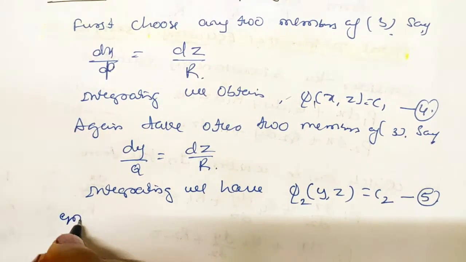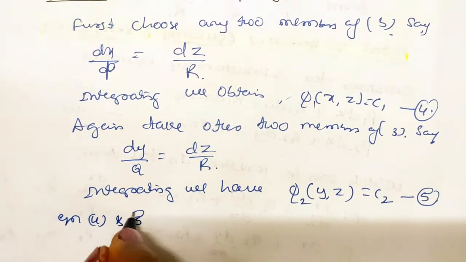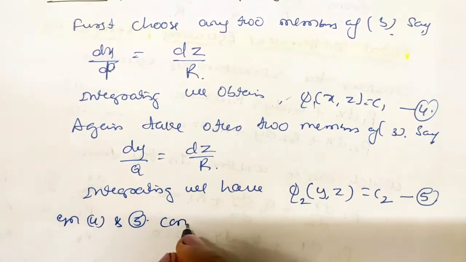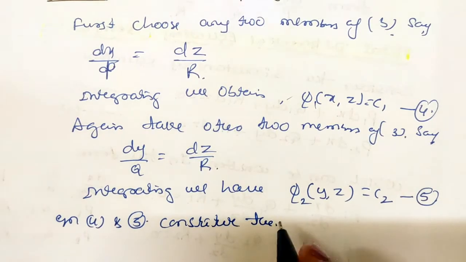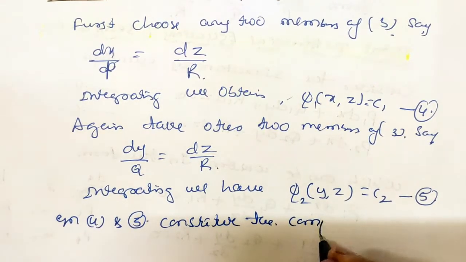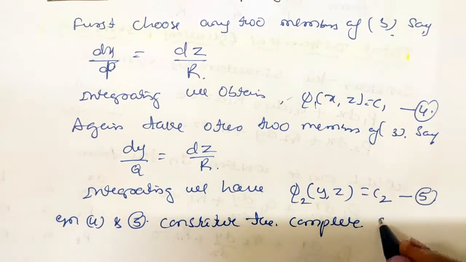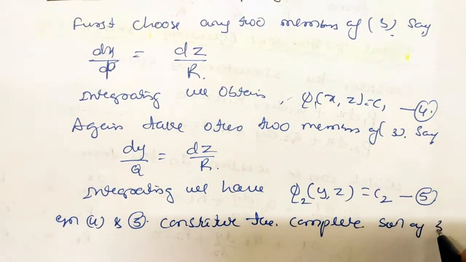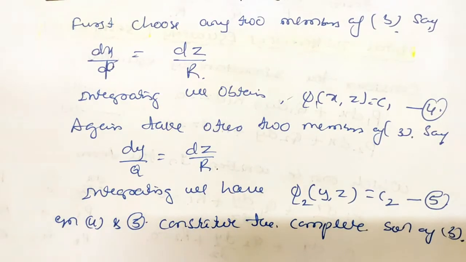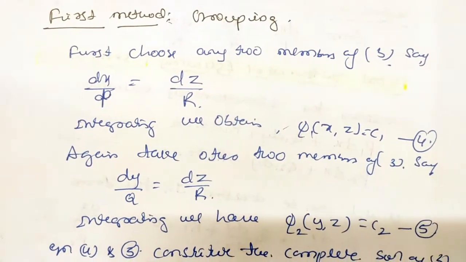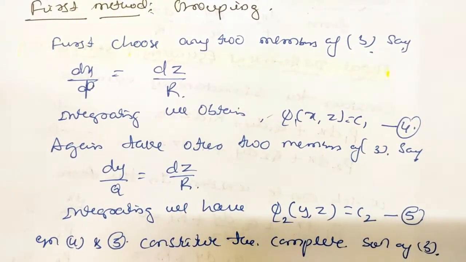Equations 4 and 5 constitute the complete solution of equation 3. So this is the method of grouping. What you have to do is select two members which are easy to separate in variables, then integrate.